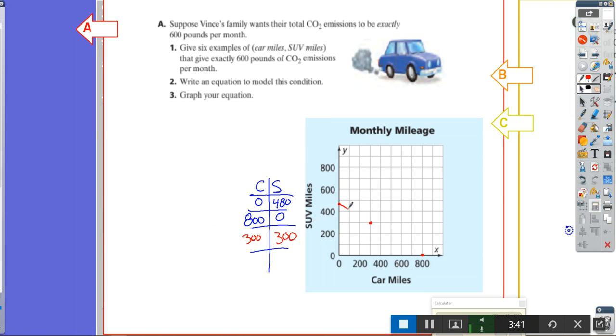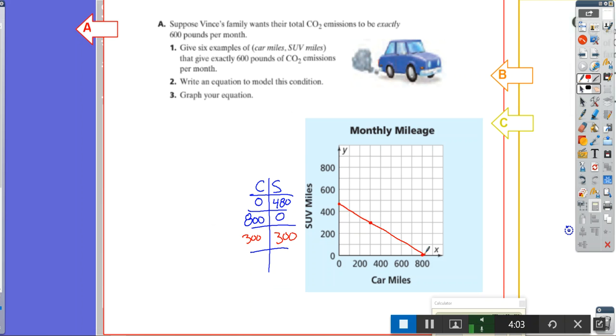And then all I have to do is connect the dots. All right, and so there I have my graph. This graph gives me all the solutions for driving exactly, or producing exactly 600 pounds of CO2 per month.